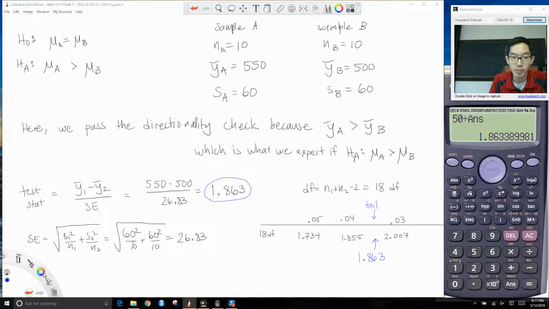With the non-directional test, we would look at both tails, but because it's directional, we're only going to look at one side. So I only want to look on the side that's greater, because that point's greater. And so I get this tail area is between 0.03 and 0.04.